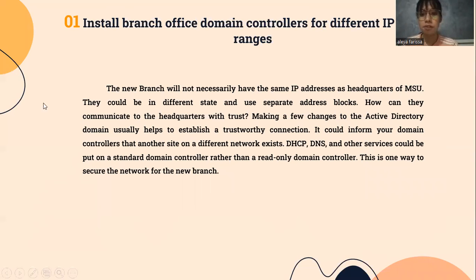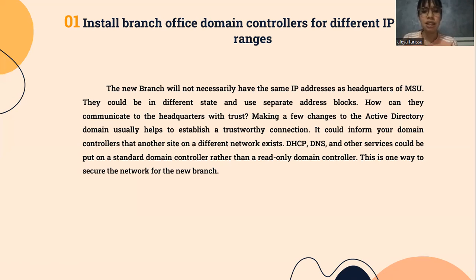Making a few changes to Active Directory, the domain usually has established a trust with the connection. Each cloud informs your domain controller that another site is on a different network.